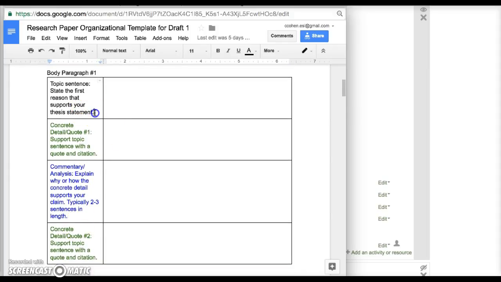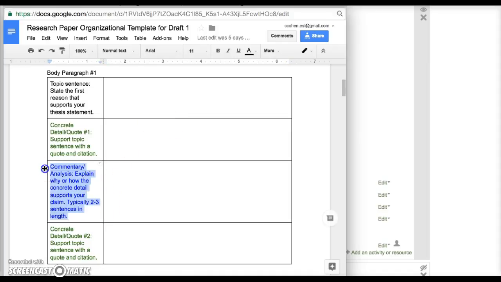They have a topic sentence, which is going to be like mentioning your subtopic. And then you've got evidence here, concrete detail or quote. This is also evidence. You don't necessarily need one sentence. Maybe it's 2 or 3 sentences, but this will be from a different source.